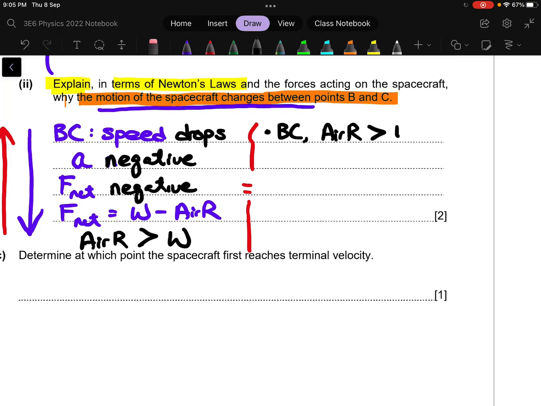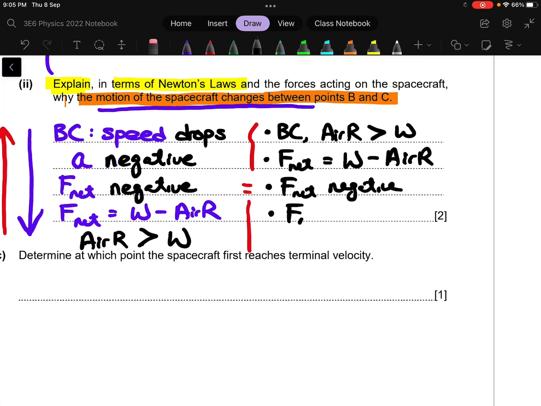First I would say that between B and C, my air resistance is now larger than W. And as a result, because F net is given by W minus air resistance, my F net will become negative.